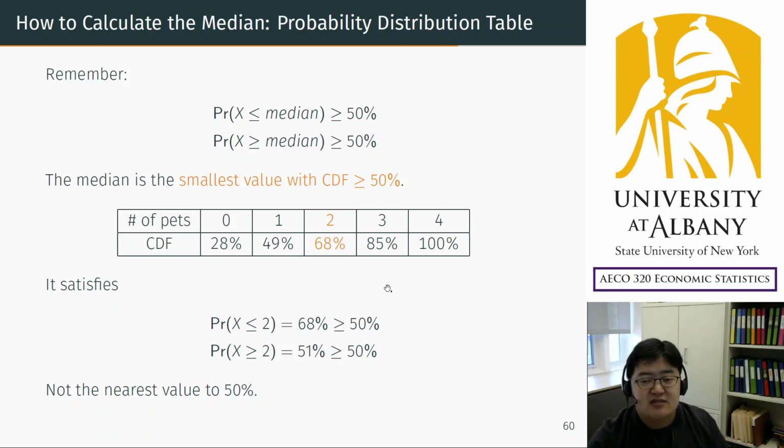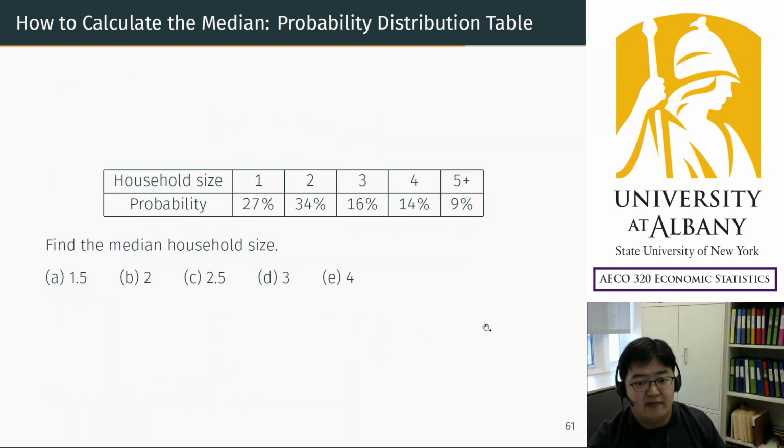Okay? So this is an exercise. This data is about household size, how many people are in a household. Try to calculate the median and resume when you are done. Okay, you have to calculate the cumulative distribution function, the cumulative probability.